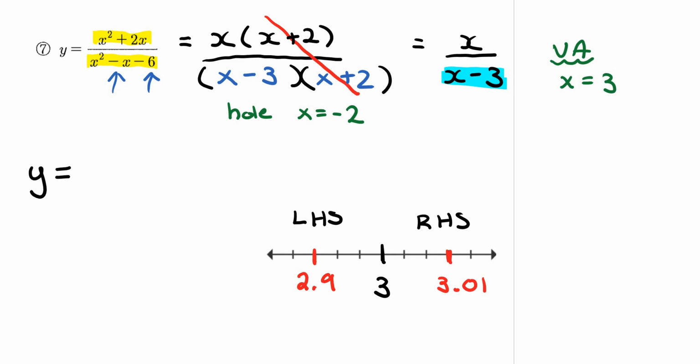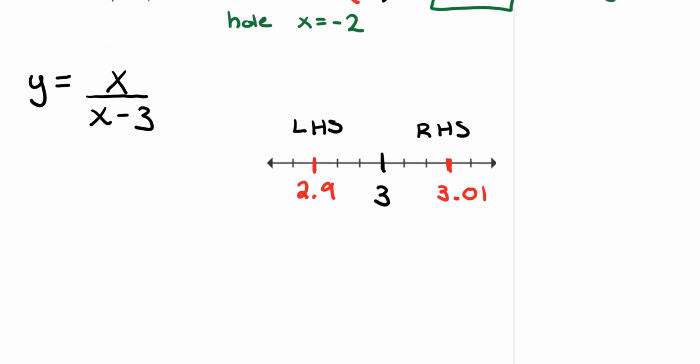Going back to my function, let's take the most simplified form, which is this thing in the green box: x over x minus 3. Let's figure out what's happening, starting on the left-hand side as always. Whenever I see an x in my function, I'll replace it with 2.9. So I have 2.9 on the numerator, and on the denominator I have 2.9 minus 3.